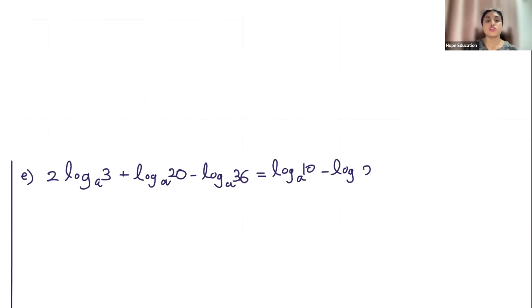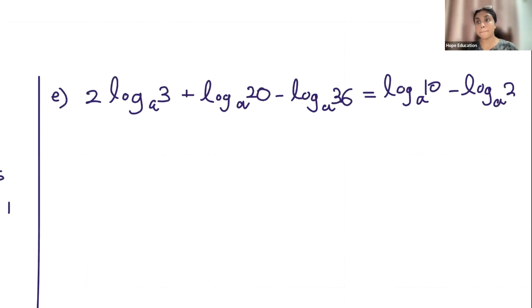Okay. So we know whenever there's a number at the front of a log, we can move it as a power, right? So here we have at the front, we have 2. I can move it here as a power. So I will first of all rewrite it that way.